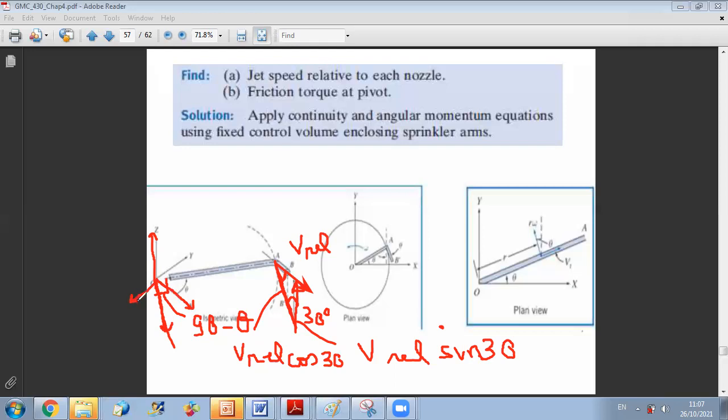The positive x component is V relative cosine 30 times cosine of 90 minus theta, or times sine theta.